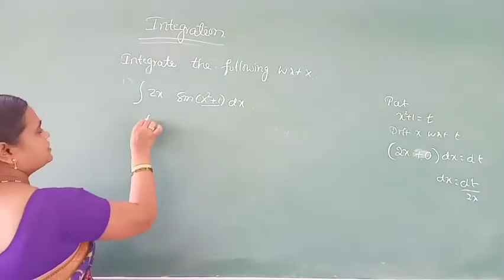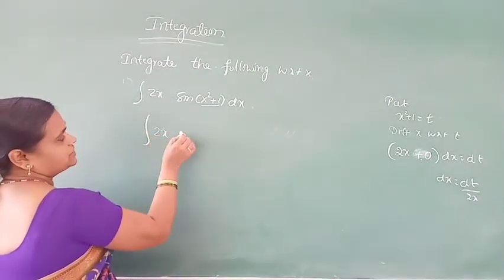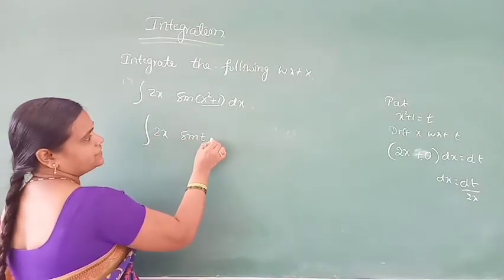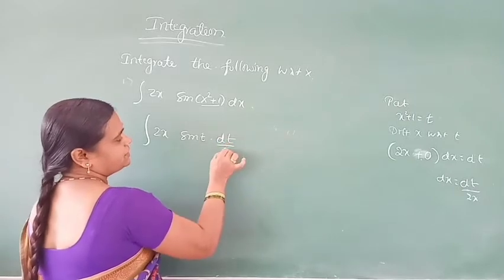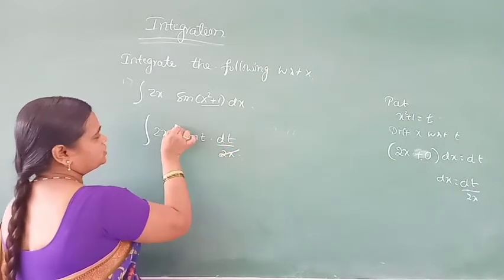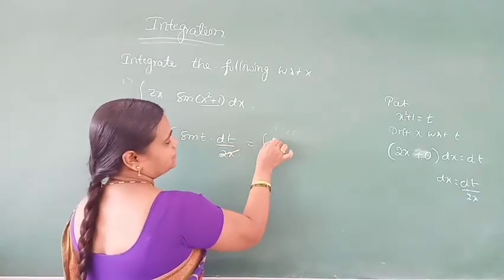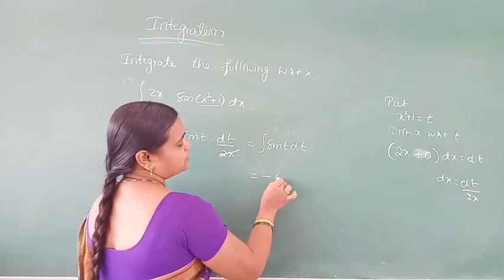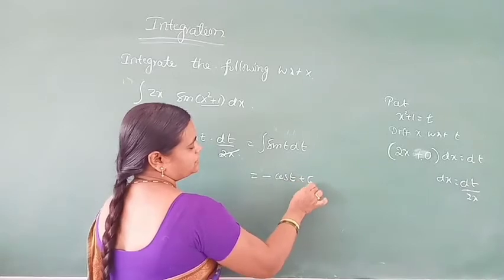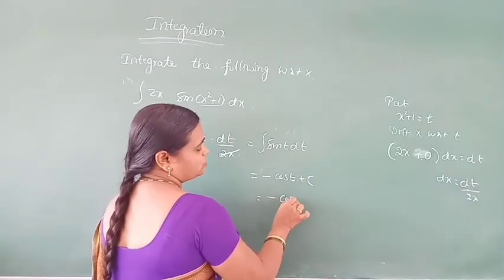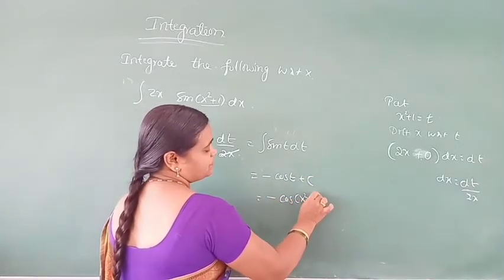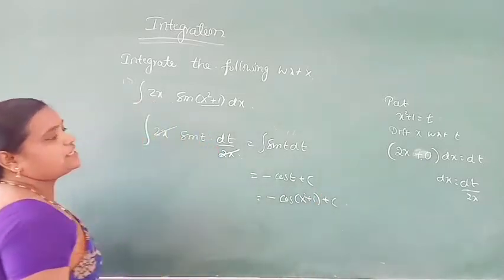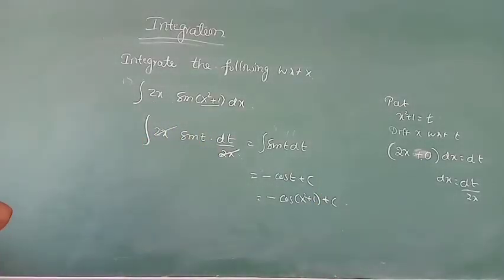Therefore, we can write this as 2x sin t, and dx is dt by 2x. This 2x gets cancelled, left with integration of sin t dt. Integration of sin t is what? Minus cos t plus c. Minus cos, what is our t? x square plus 1, plus c. This is how we can do the example by using the method of substitution.